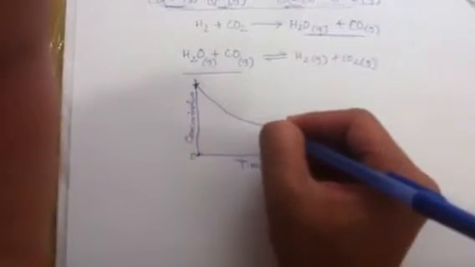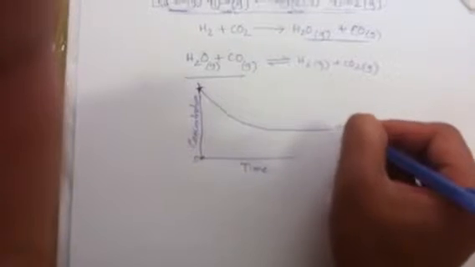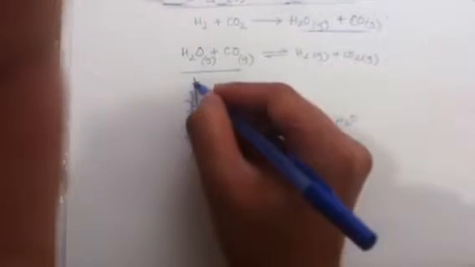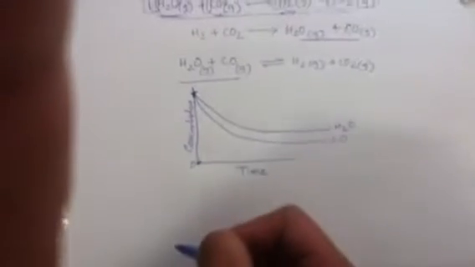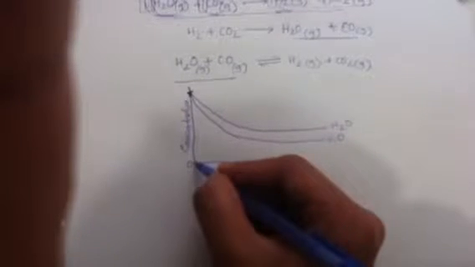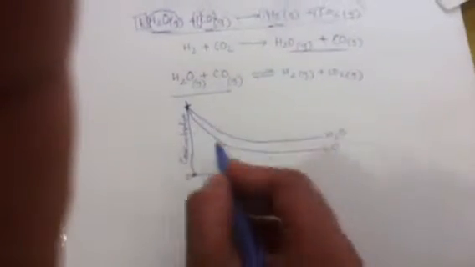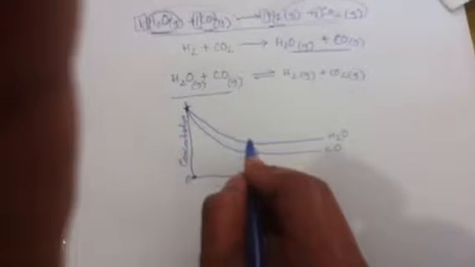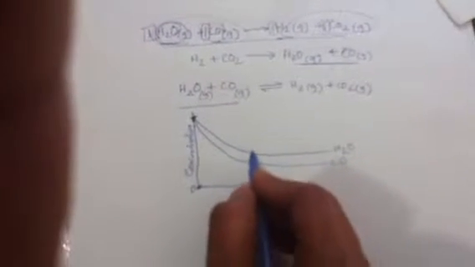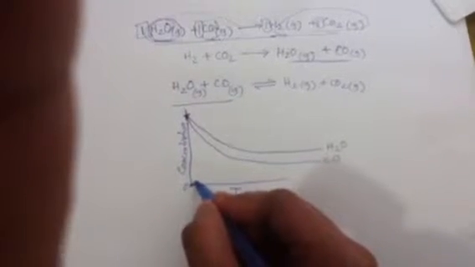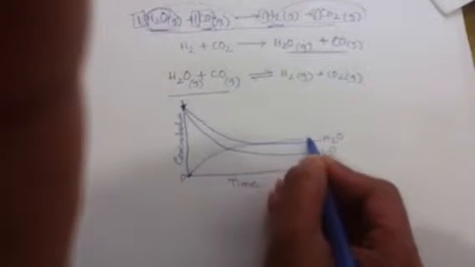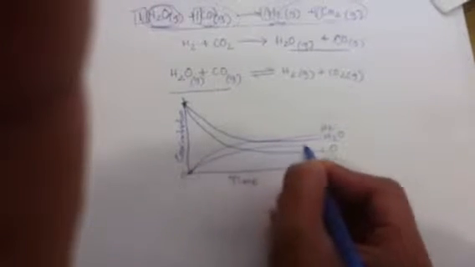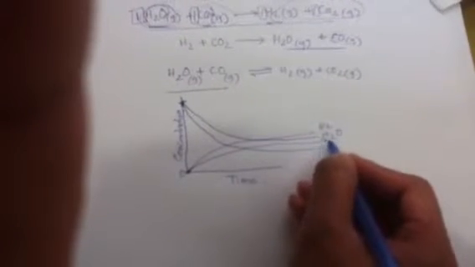This is my H2O, and this is my carbon monoxide, CO. Since they're coming down, the concentration of my reactants is decreasing, so the concentration of my products should increase. Let's say H2 is increasing, and this is my carbon dioxide.